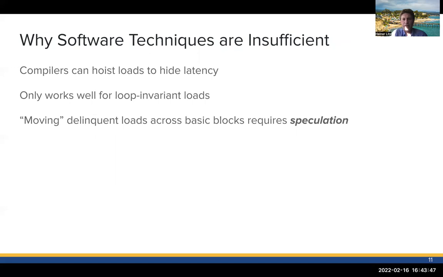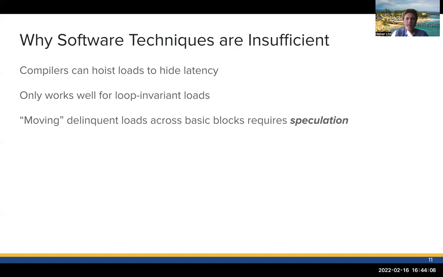Pure software techniques are also infeasible, as while we can utilize compilers to hoist loads and reorder them within the program sequence so that their latency is partially hidden, compilers are very limited in the opportunities they can leverage here.